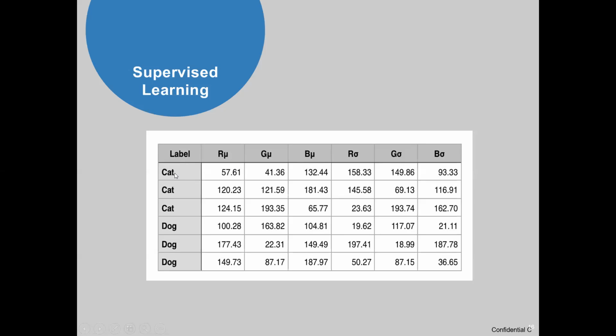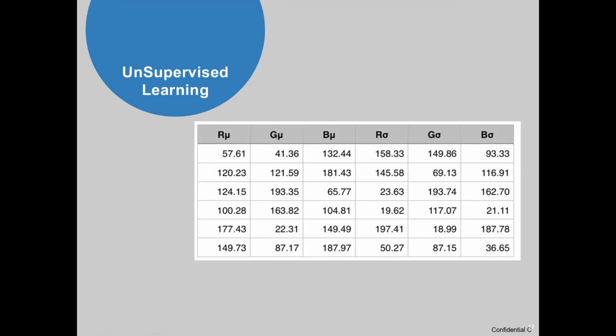Here, the rows represent the number of samples and the columns represent the dimensions of the feature vector. When we train the machine learning algorithm with supervised learning, we are given both the input and the output. The inputs are the feature vectors, and the outputs are the labels for those feature vectors. In unsupervised machine learning, we are given only the input, the feature vectors alone, and we have to group similar data, as in clustering.